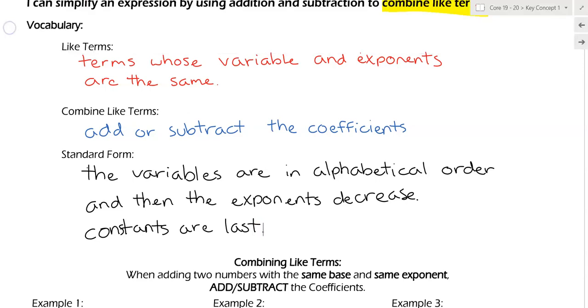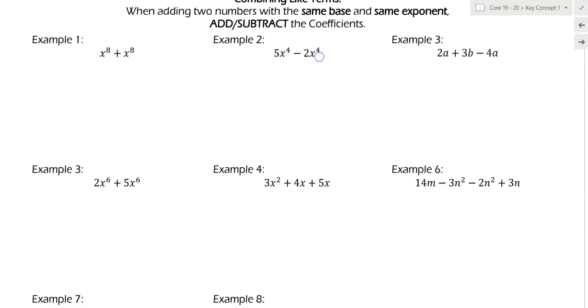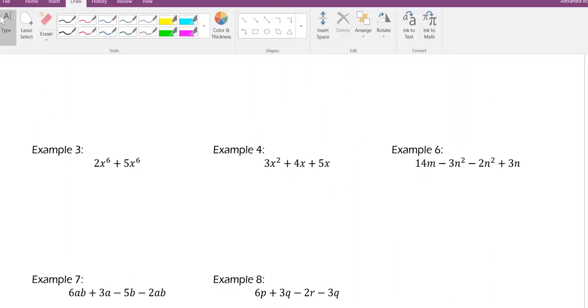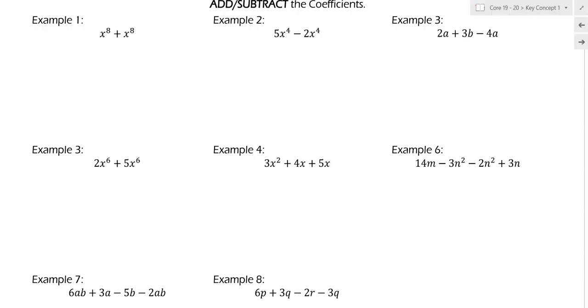All right, let's look at some examples. We have x to the 8th plus x to the 8th. For each of them, I want to look at what's my variable of the term and what's my exponent of the term. So in this first one, my variable is x, and my exponent is 8. They both have the same variable and the same exponent. That means I'm going to be adding the coefficients.